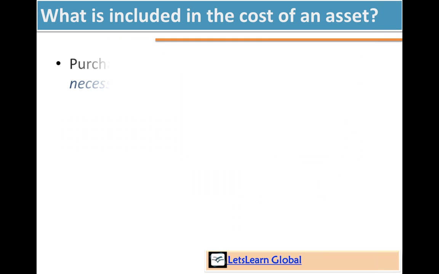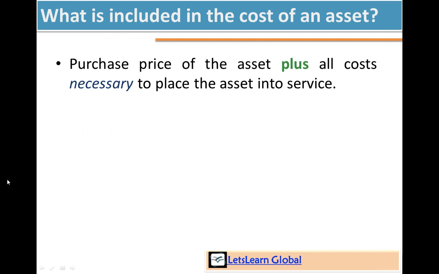What is to be included in the asset? The purchase price of the asset plus all the costs necessary. All the costs necessary you can add as per my previous explanation. You can add transportation, installation and training costs. Transportation, installation and training costs should be added to the value.